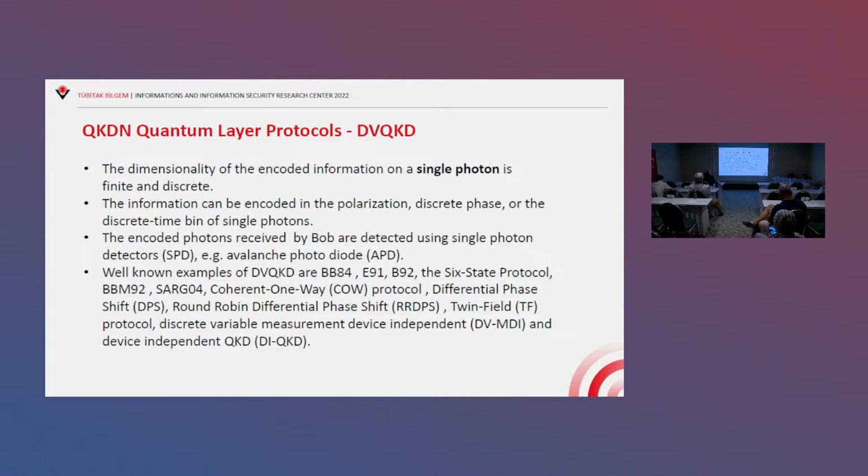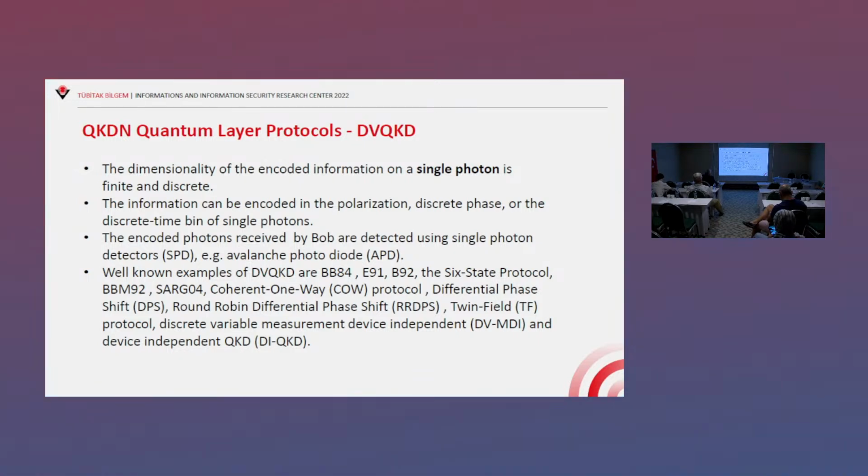So, discrete variable QKD. As I mentioned, one would use a single photon, and there are discrete states or discrete data that one would like to transmit, and the information is encoded in the quantum states of a photon. The quantum state could be the polarization, the orbital angular momentum, or as we have seen, the phase.